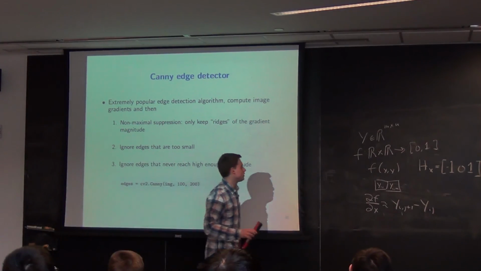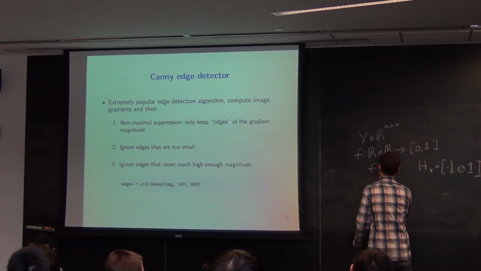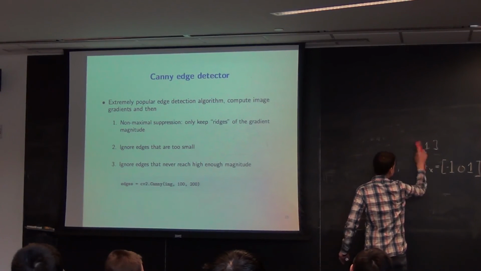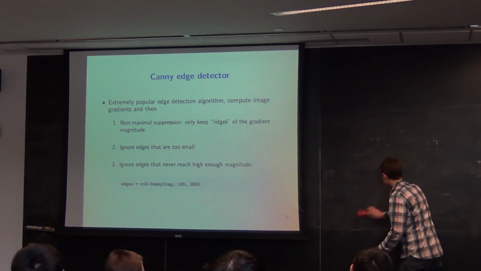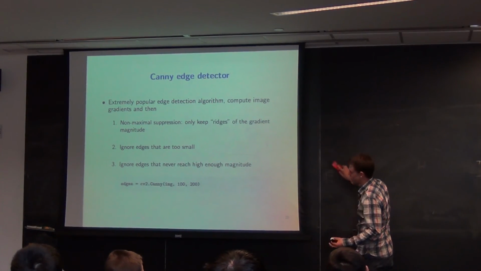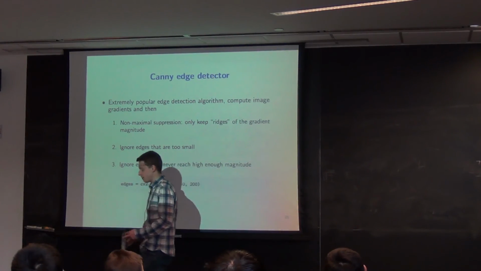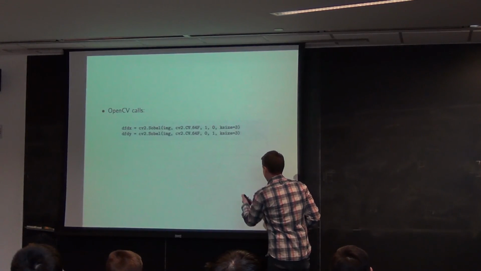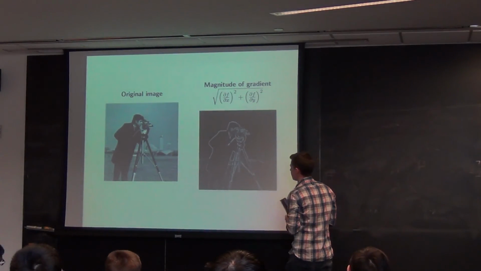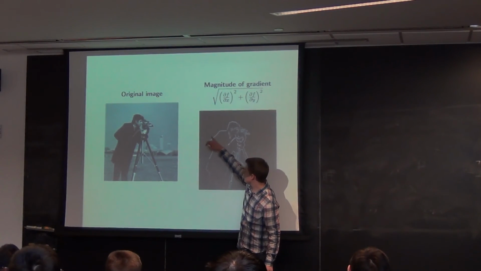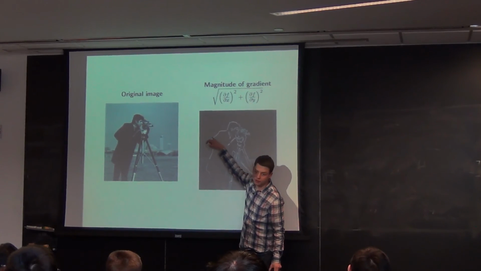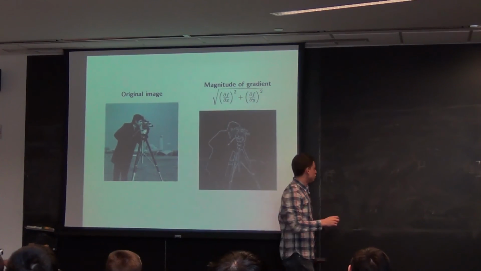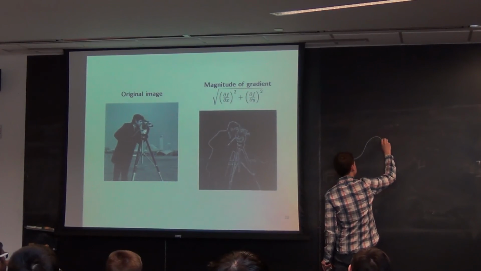The first one is something called non-maximal suppression. It's actually a little hard to implement sometimes. Well, not really, but it's not completely trivial to implement. But intuitively, it's very simple. What it says is, if we have an edge there, and we look at the intensity perpendicular to the edge itself, it looks something like this, right?